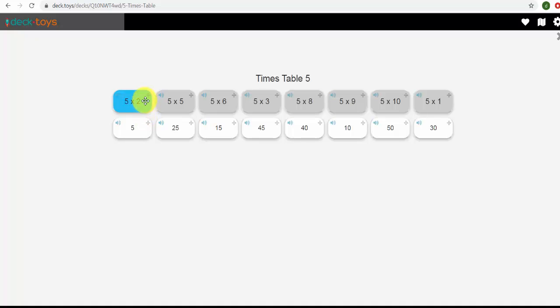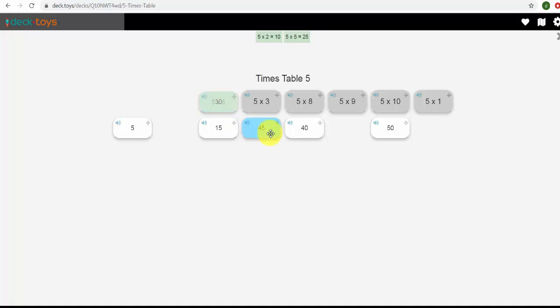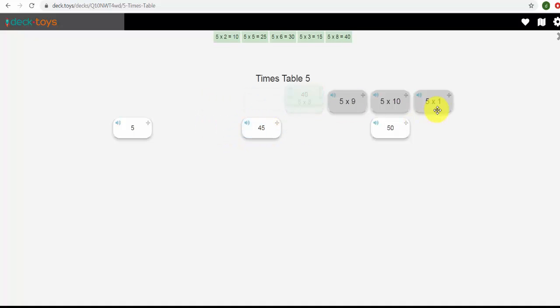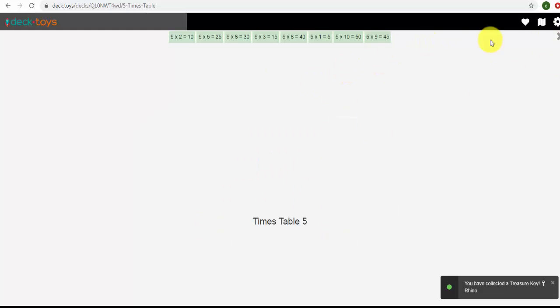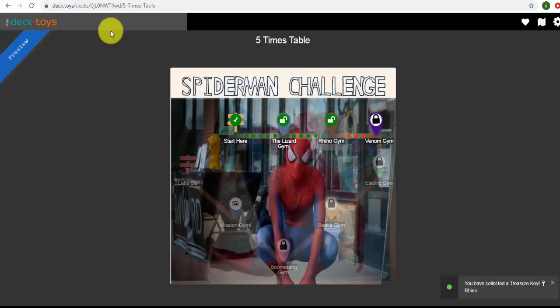And then you continue on. 2 times 5 is 10. See, we're looking at these totally different, so you get a chance as a student to look at things and learn them from a different point of view, which is important, right? 5 times 1 is 5, and 5 times 10 is 50, and 45. Okay? Now, we're not going to do all these. Now, remember, when you're done, you hit the X, and you continue on.